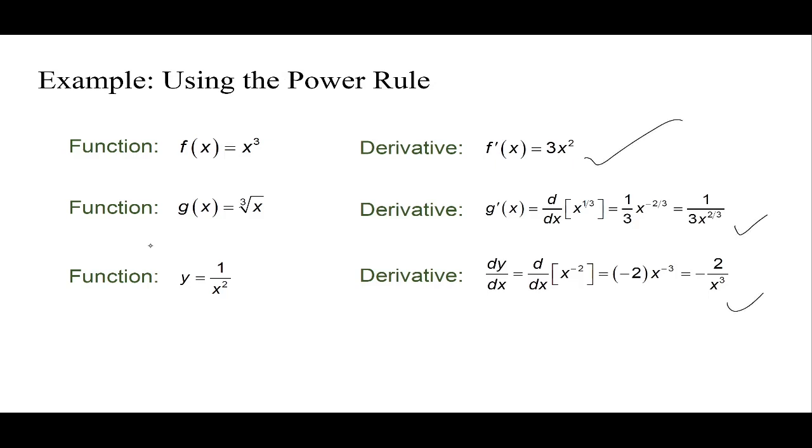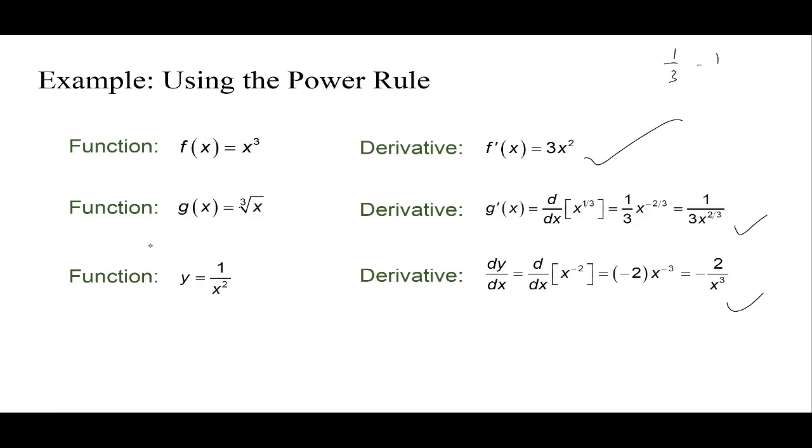Look at here. 3 comes to the front times x to the power 3 minus 1, which is 2. Here you have 1/3, so 1/3 comes to the front, and 1/3 minus 1 is actually -2/3. Because it's practice to show our final answer with a positive exponent, we bring this x to the power -2/3 to the denominator.